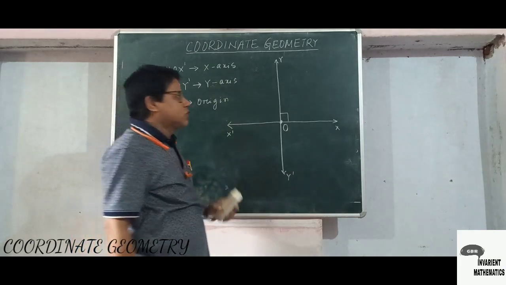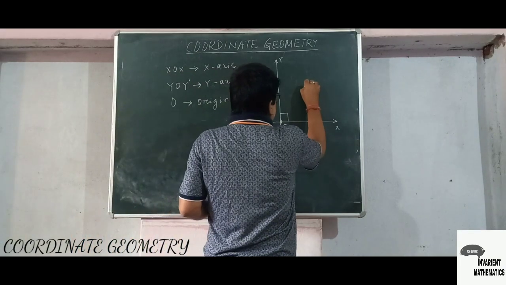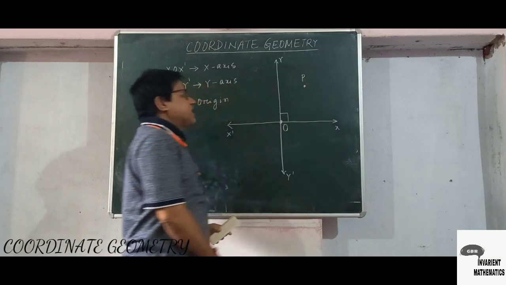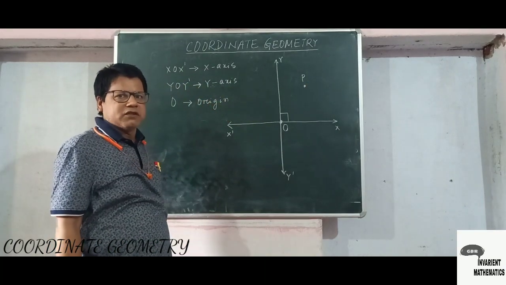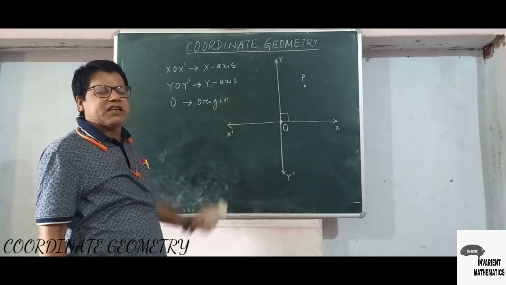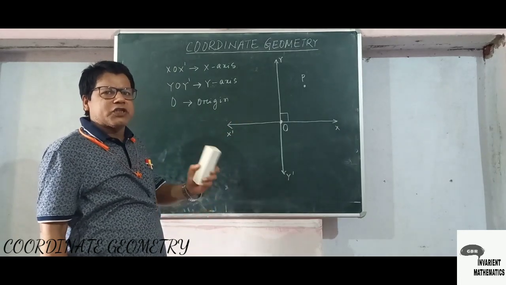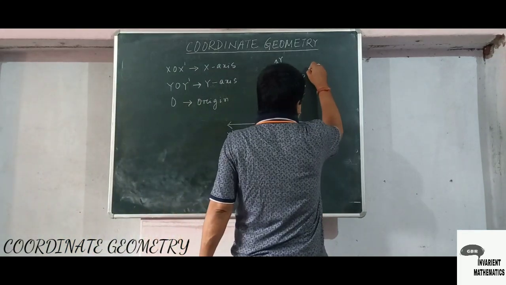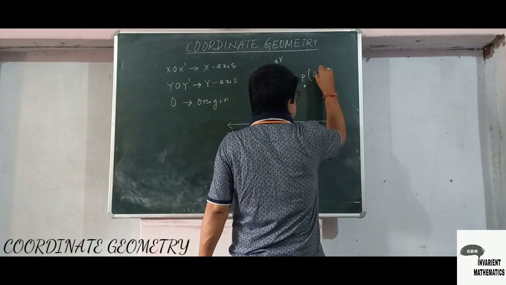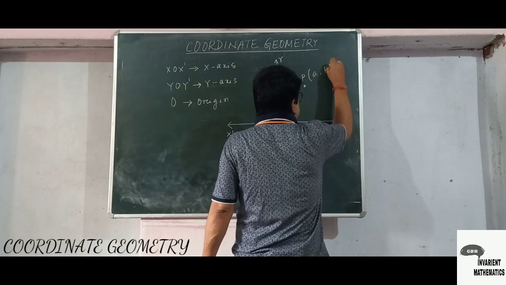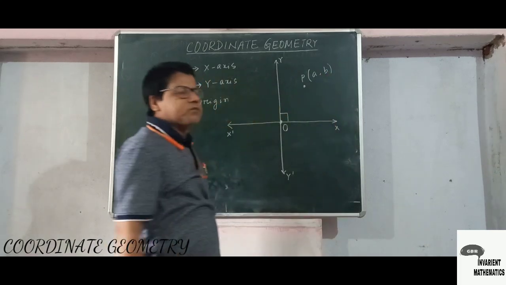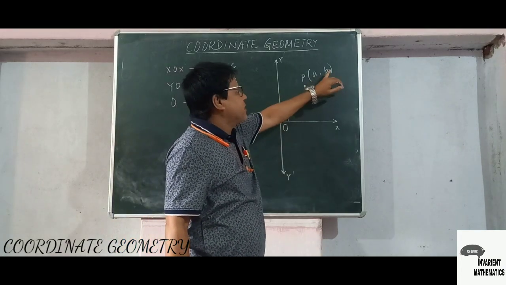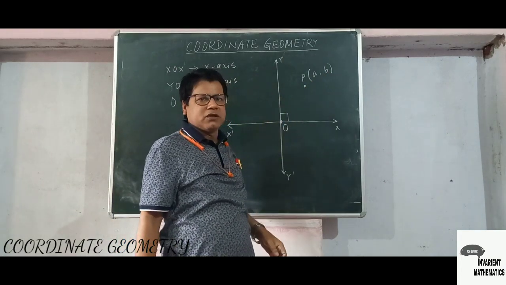Suppose P is a point on the Cartesian plane. So P relates with an ordered pair, let's say two real numbers A and B. The question arises: where does A come, where does B come?